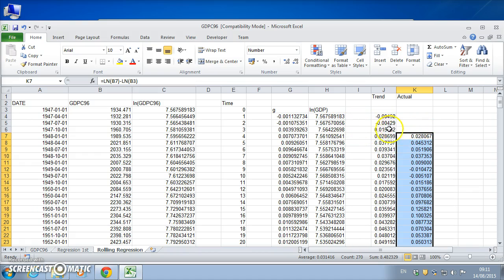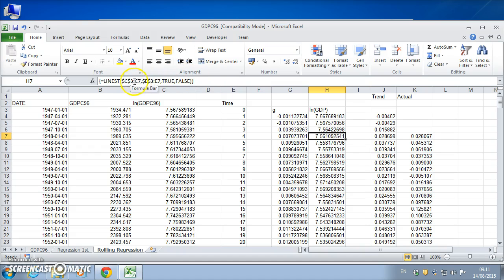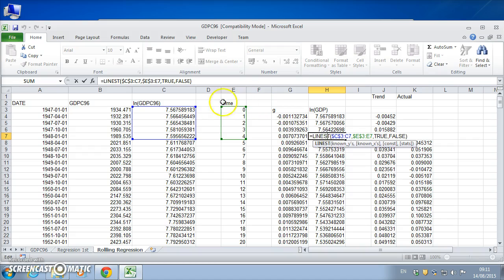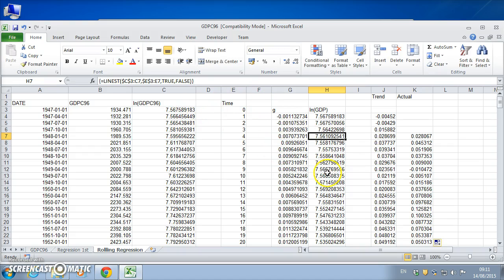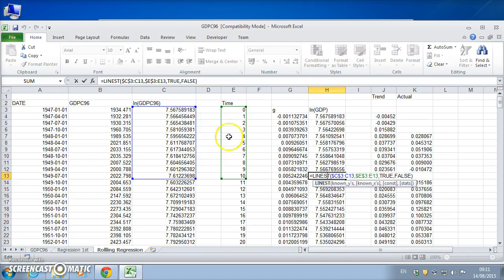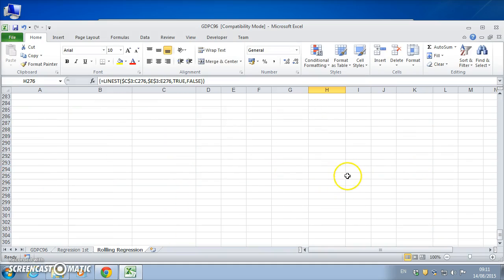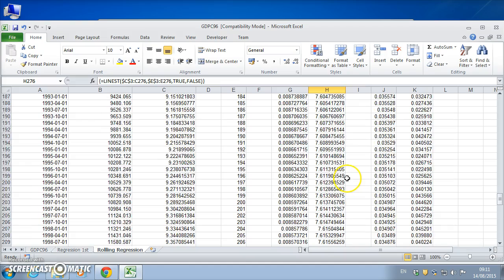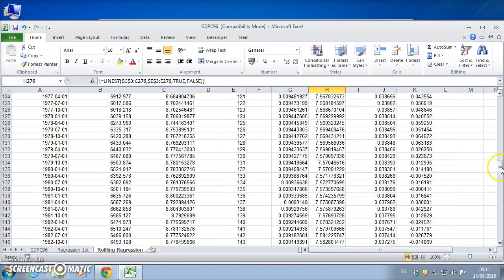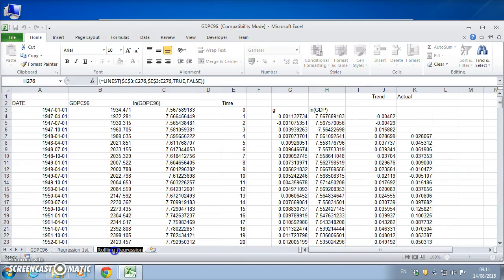Also, it might be worth noting that in the estimation that we have here, because we've locked the first cell, in each instance of the regression, the first cell is always the same. It's not rolling. One way of looking at this is to think of it as a recursive type regression.